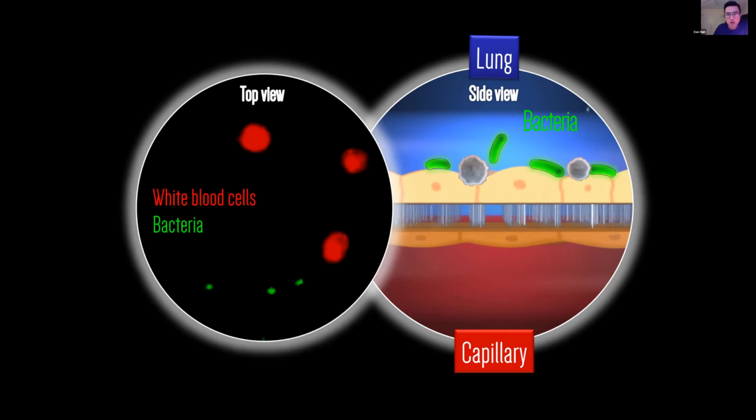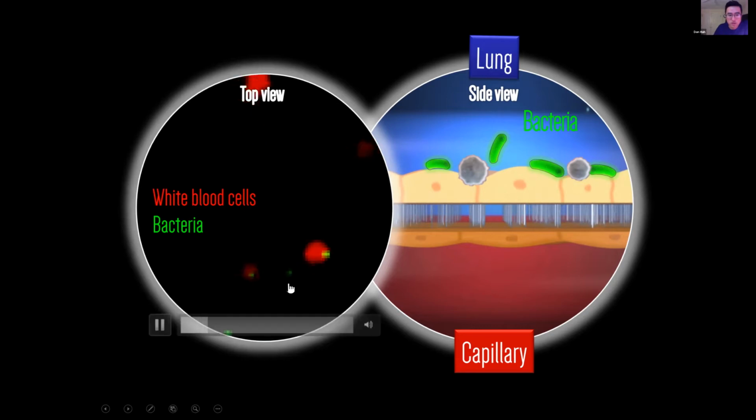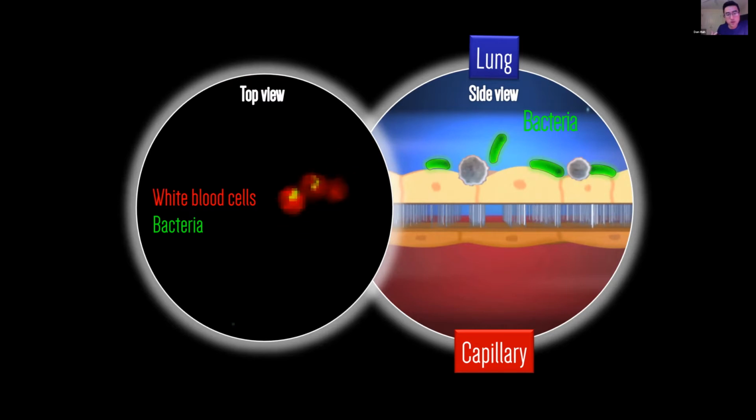Once in the lung compartment, these white cells, colored red in this movie, chase the bacteria and phagocytose them, engulf them, just like what happens in the living human lung, right? But the beauty of this is not only can we mimic this, but we can also visualize and study this in real time at high resolution, which is one of the compelling advantages of this organ chip system over animal models.